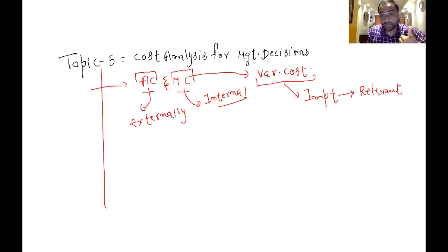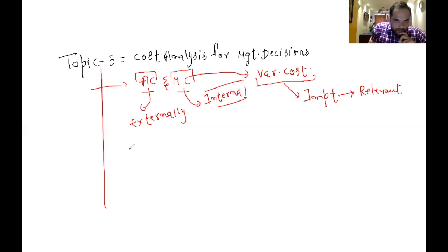Because it's controllable, it's avoidable, it's variable. Because of this nature, it's more involved in decision making. And who is involved in company decision making? Internal users. That's why marginal costing is applied internally to estimate the profit, but not externally, because external users are not involved in decision making. So keep in mind internally and externally.